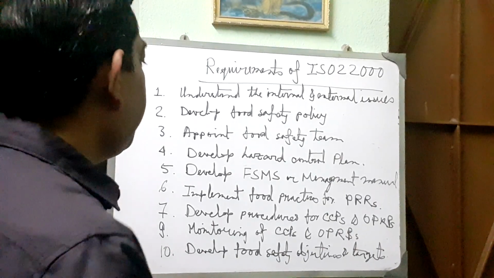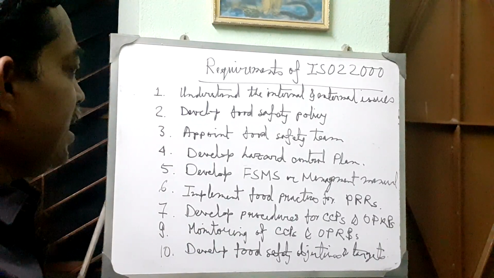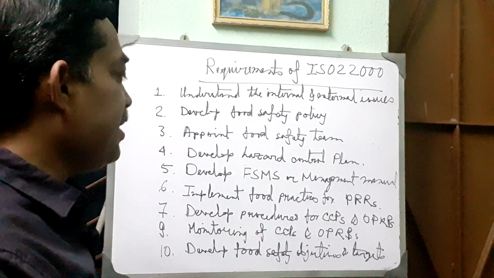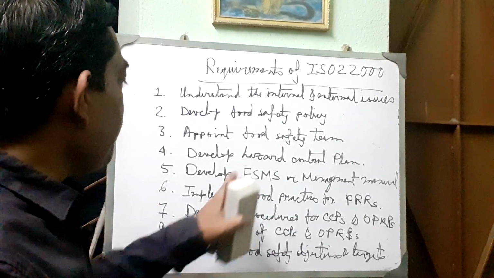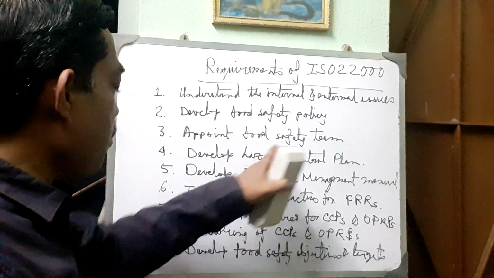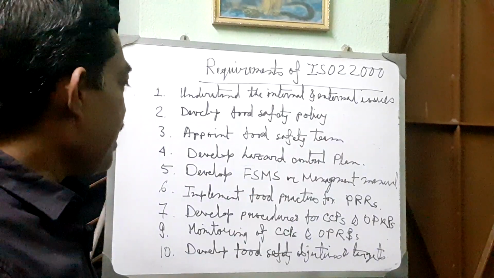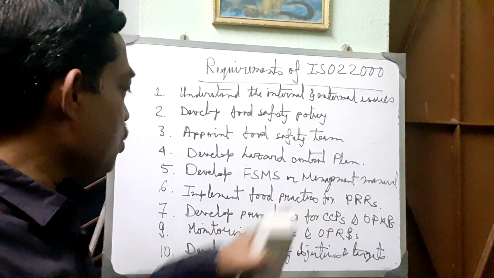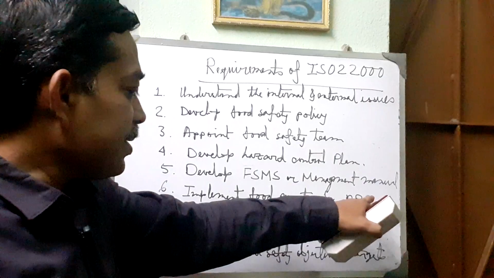And develop food safety policy, typically a one-page document declaring the commitment to food safety. And appointing the food safety team is very important, with a food safety team leader, and develop the hazard control plan also.